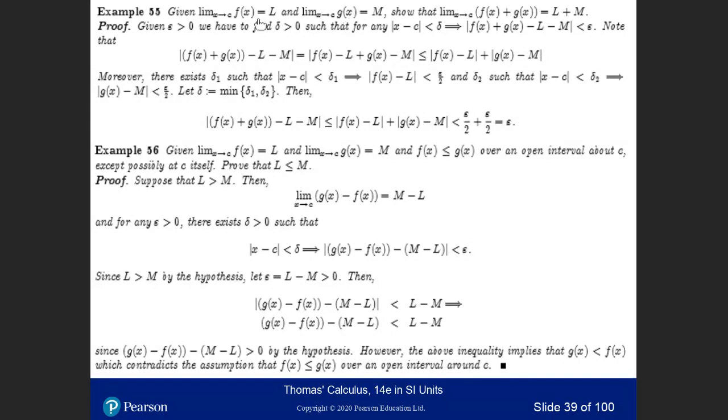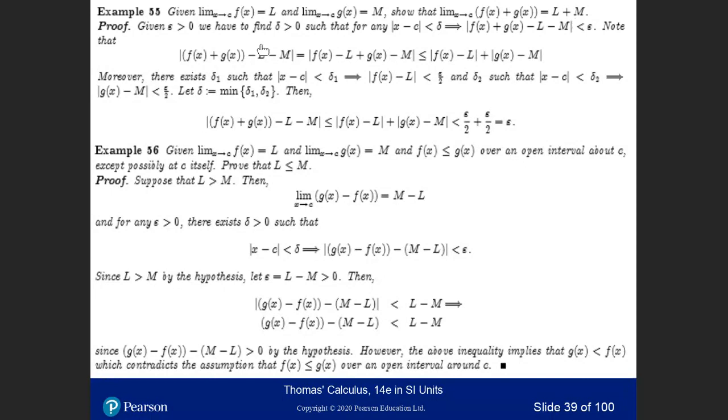So f of x and g of x are functions which have limits as x approaches c. Now, what I have to prove is that the limit of f of x plus g of x as x approaches c is the sum of the limits of the individual functions.